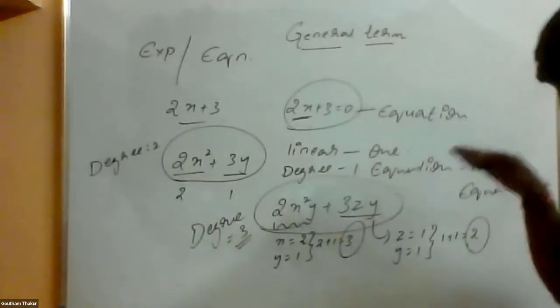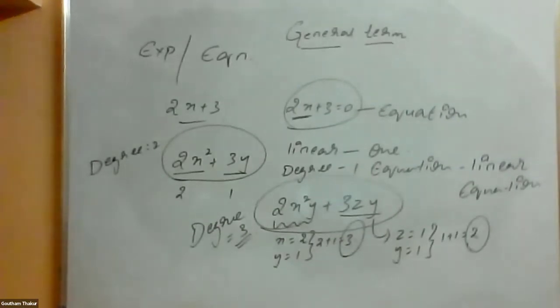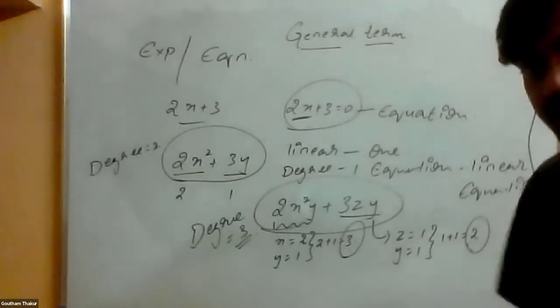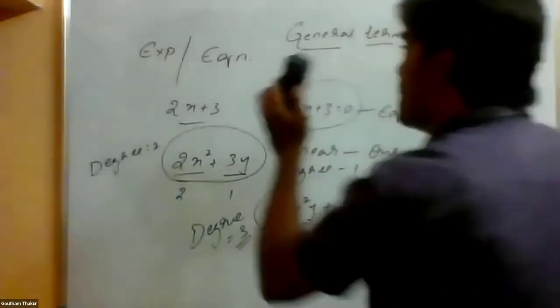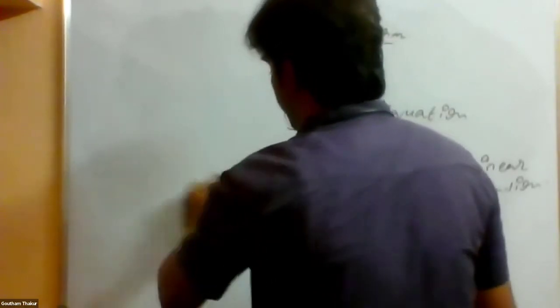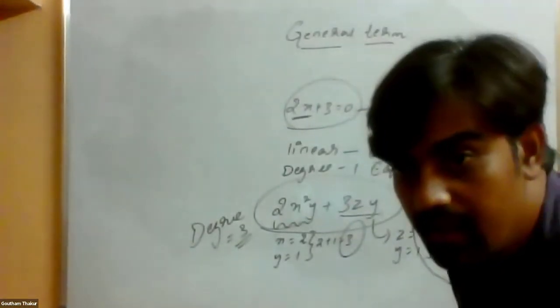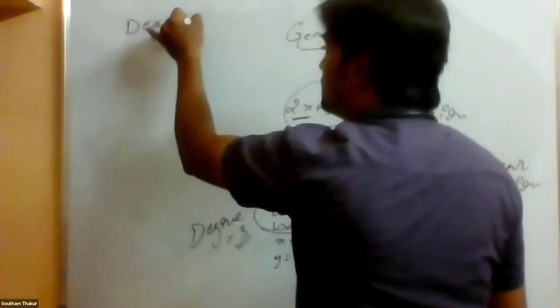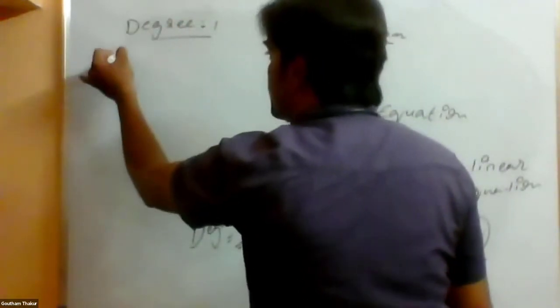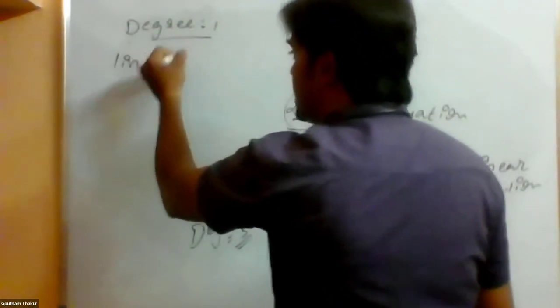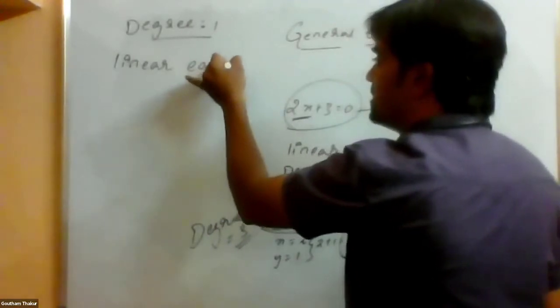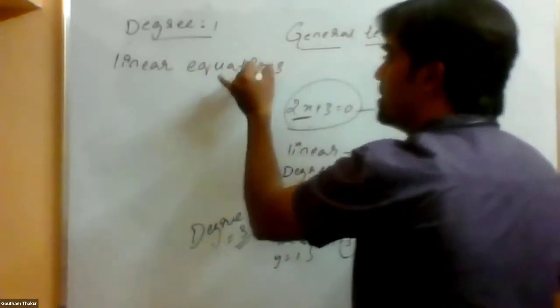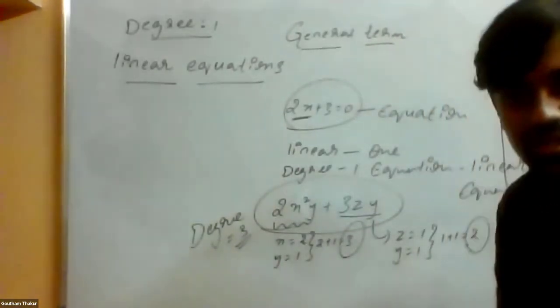In the same way, if we start calculating the degree of individual equations, based on that we'll be having the values. For example, if I have a degree 1, we call such equations linear equations.